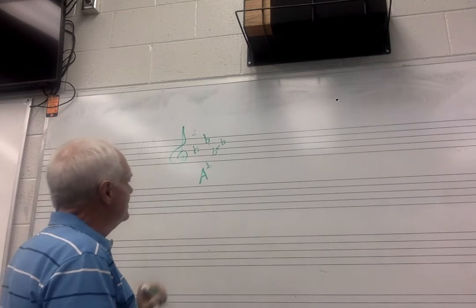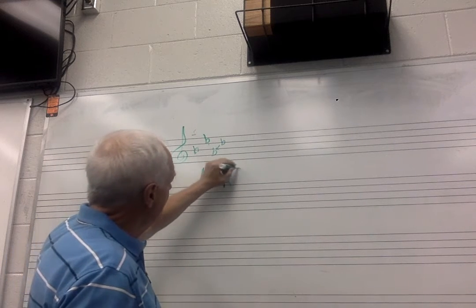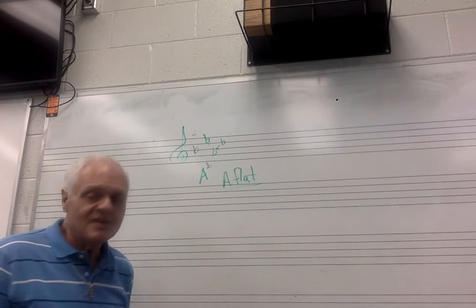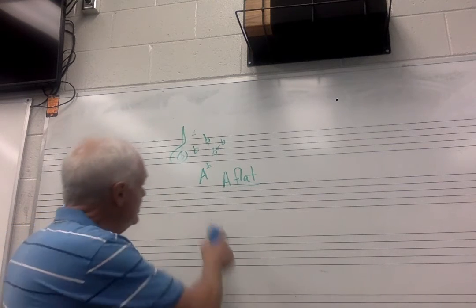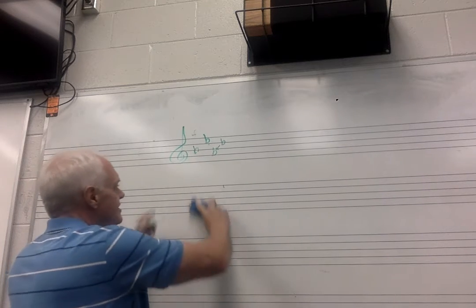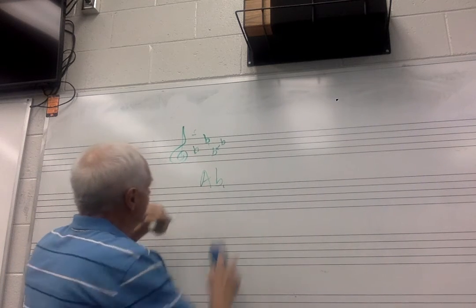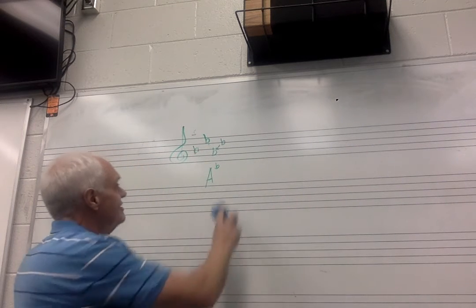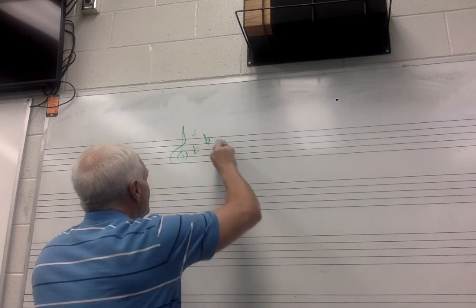It's A flat, and you will not write it like this. I will not count it wrong if you write it that way on a written test, but that's just not how musicians do it. We do it like this, with a little flat up here. Not next to it, but like this. Like that, A flat.